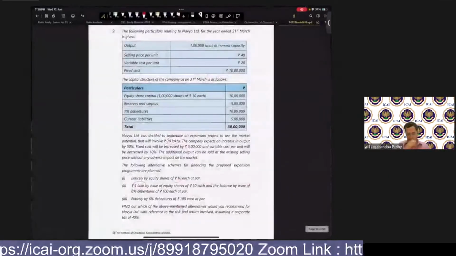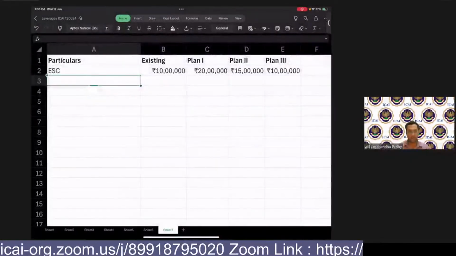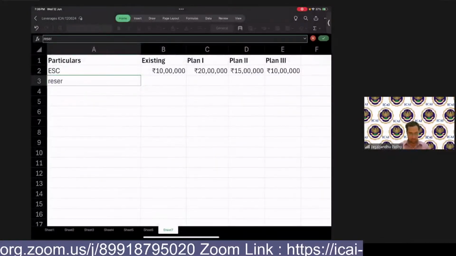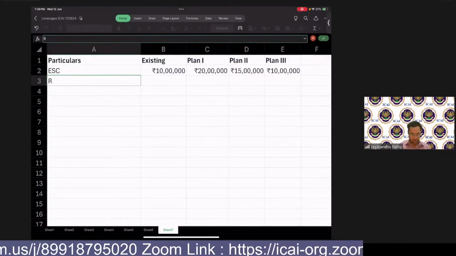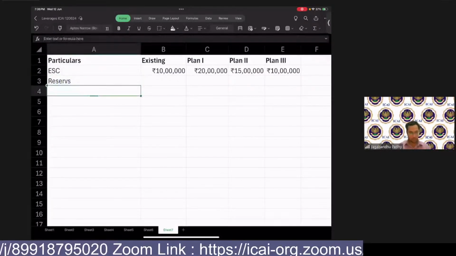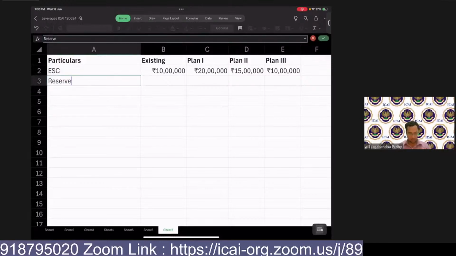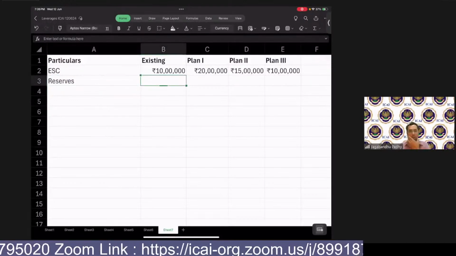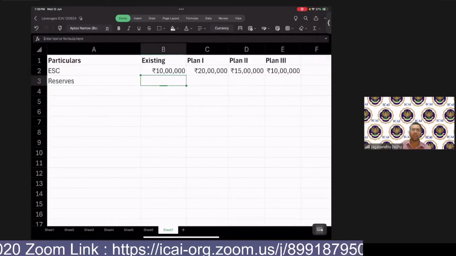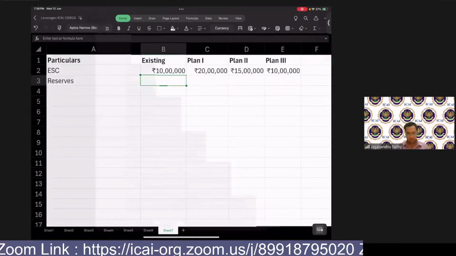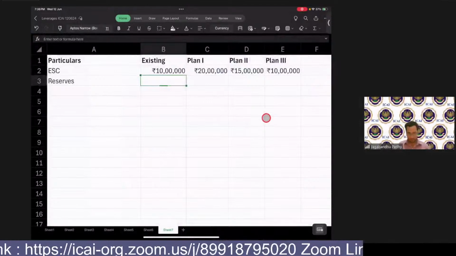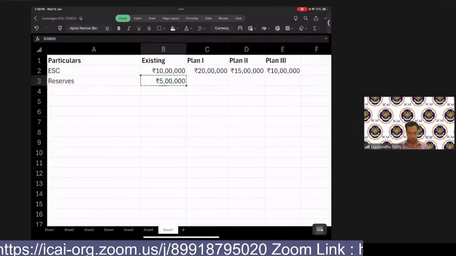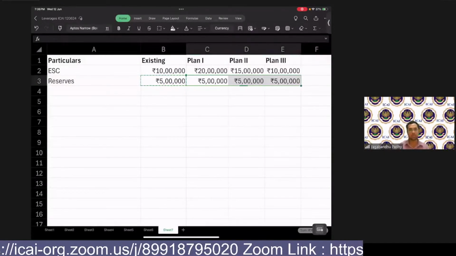Under this equity share capital, post that we'll have the reserves. Whatever be the equity plan, reserves are not going to get impacted because you're not issuing any shares at a premium. Whatever reserves we have, which is 5 lakh, that's going to remain the same. 5 lakh is a constant figure throughout.